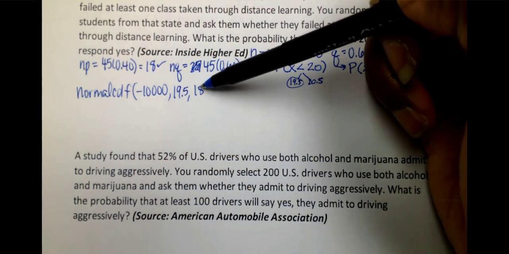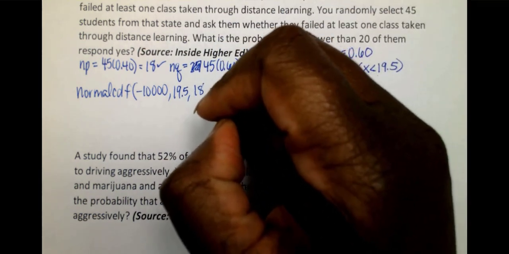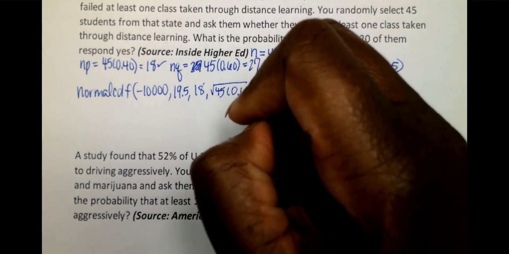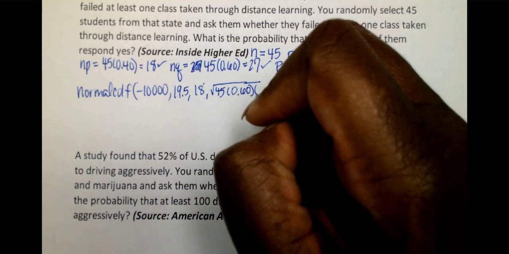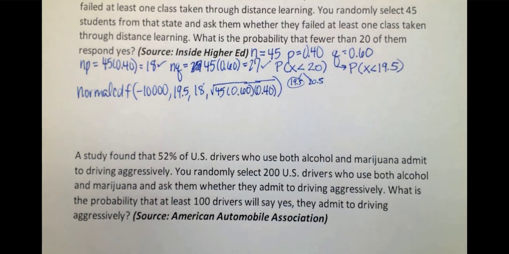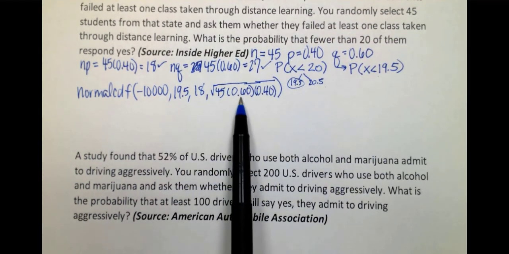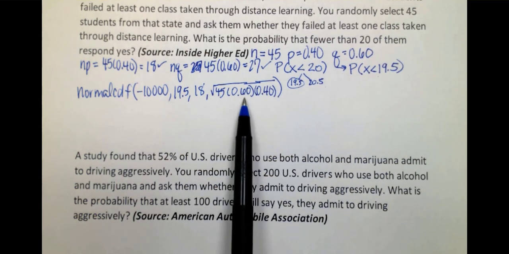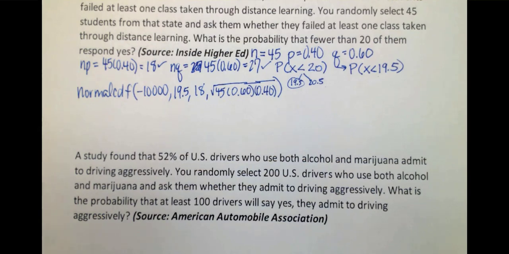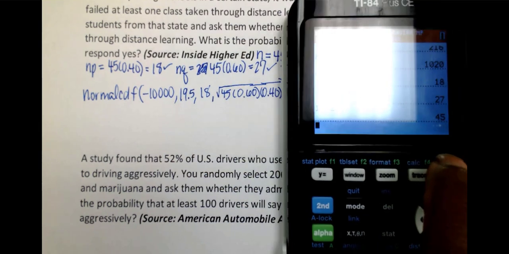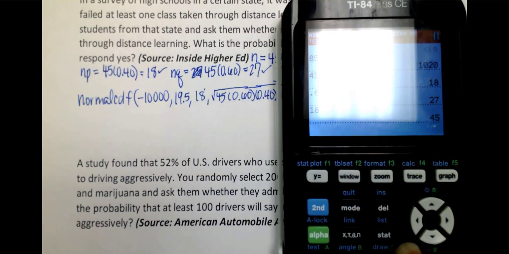The mean will go here, and then we're going to put the entire standard deviation in the calculator, just like this. I'm putting parentheses just because on the paper I didn't want you to mix it up with anything else. Of course, I'm going to give you the table. So normal CDF, because this is a binomial problem.